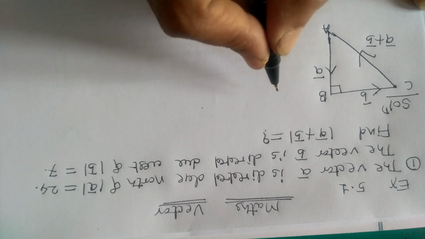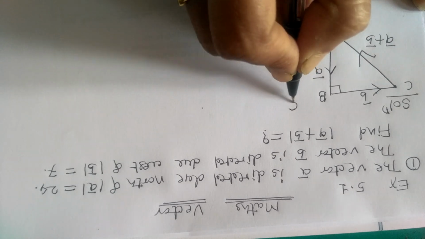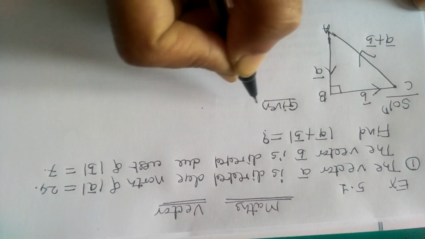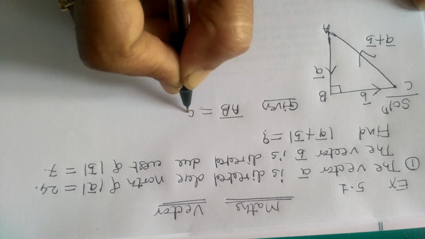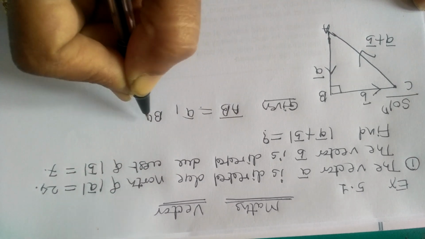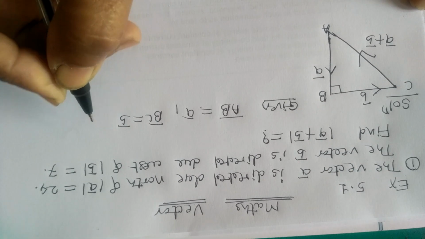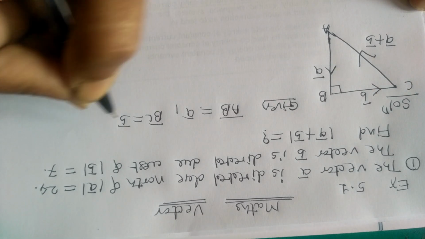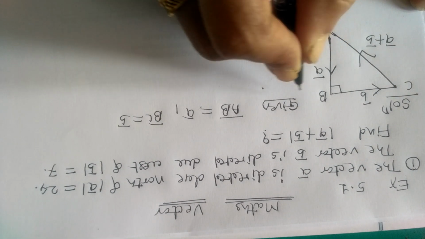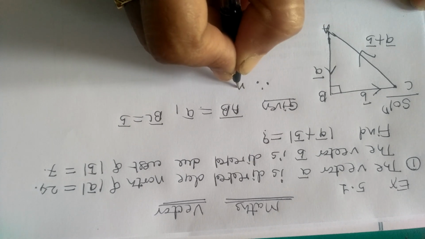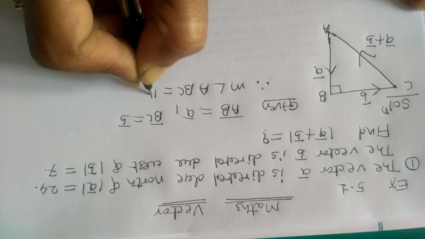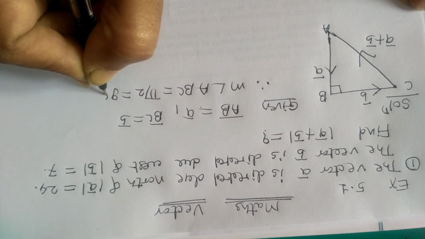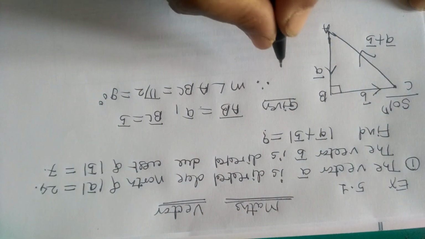Here it is given that the vector along AB bar is equal to a bar, along BC bar is equal to b bar, and the measure of angle ABC is equal to pi by 2, that is 90 degrees.